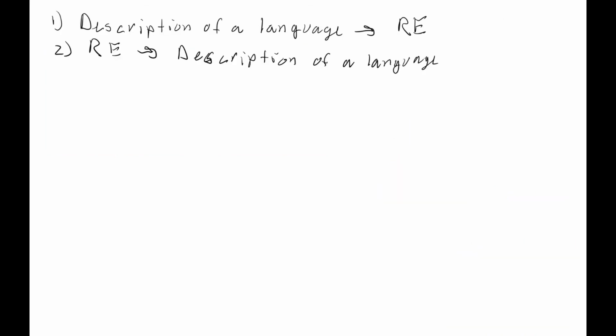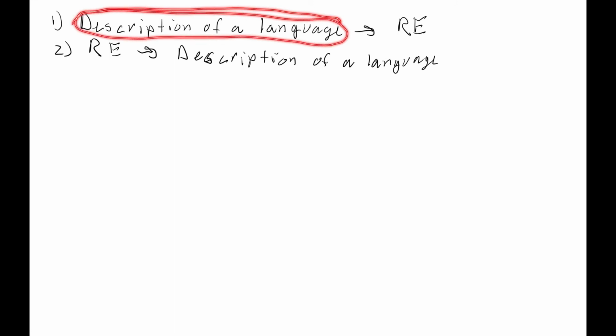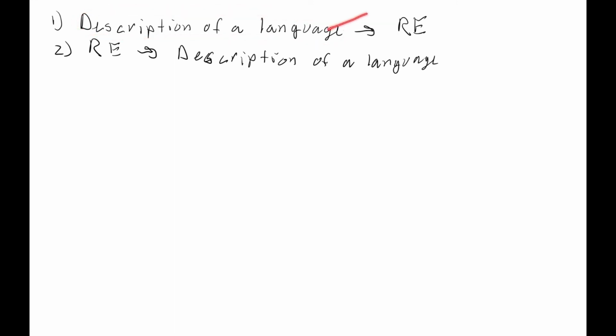Now, there are two tasks that we'll learn in this chapter. And by the way, each chapter we learn a new way to define a language, not in every chapter, but we're going to learn several ways to define a language. And they're all going to follow this pattern. We need to take a description of a language, some sort of description in English, and build a regular expression that defines it.